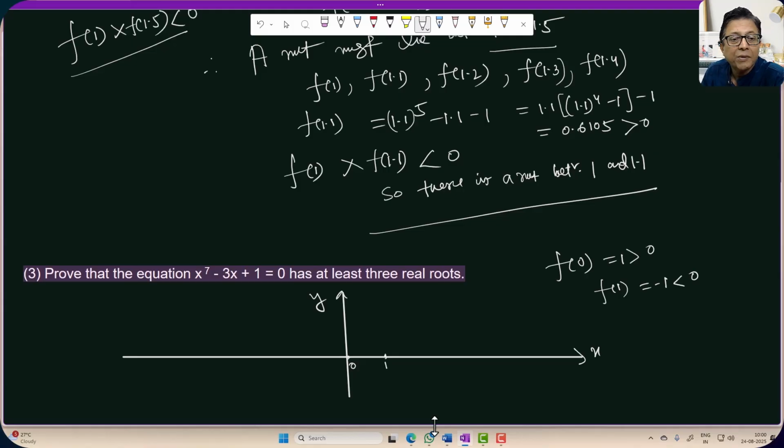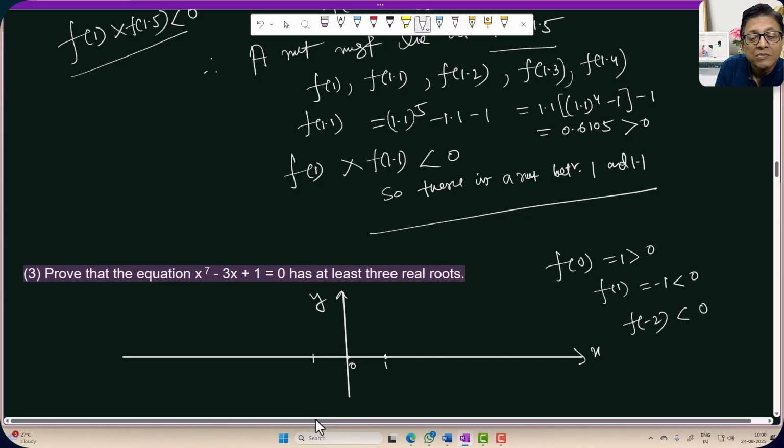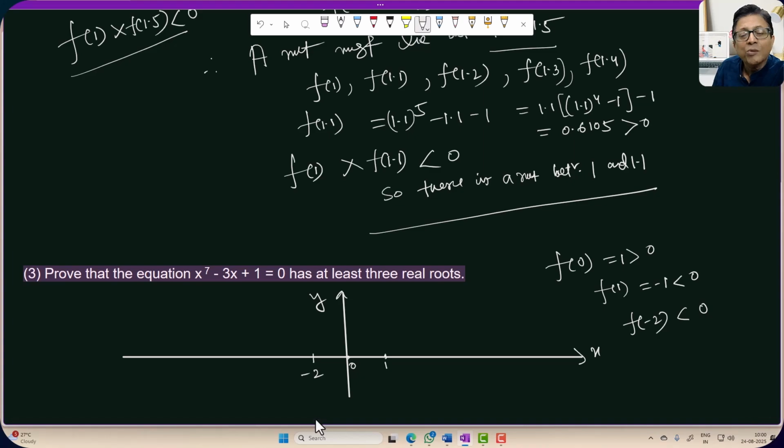f(0) is positive. What about f(-2)? f(-2) has -2 to the power 7, so it is definitely less than 0. So you got a root between -2 and 0, and between 0 and 1.